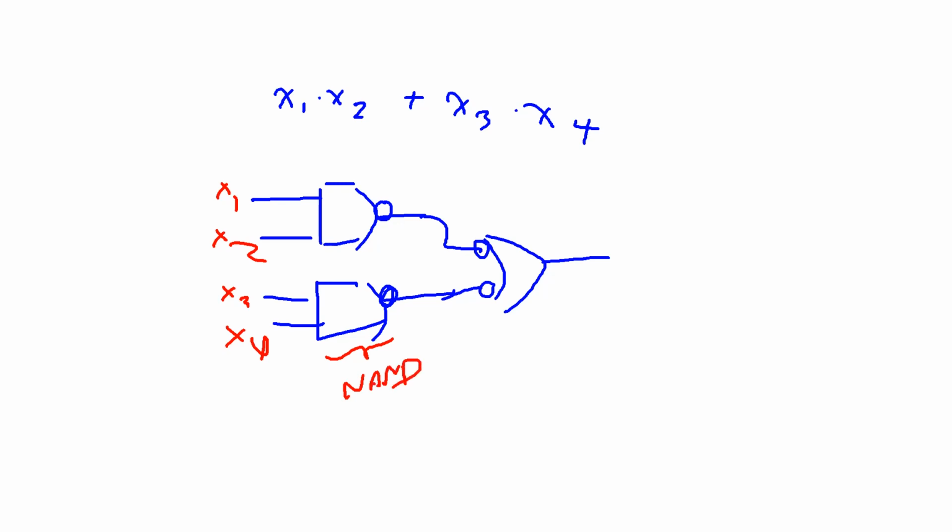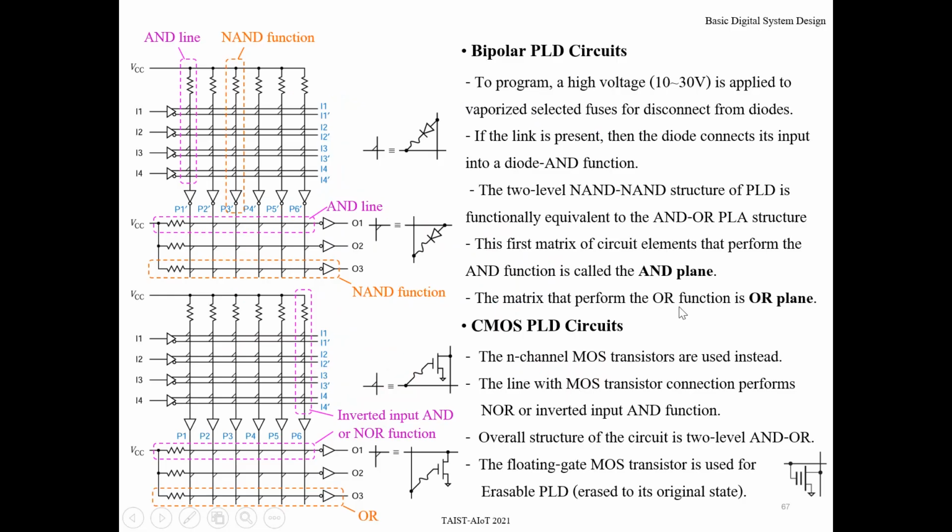This level becomes NAND, and this one also NAND. So it becomes two-level NAND. So you can implement the function based on a two-level NAND structure.